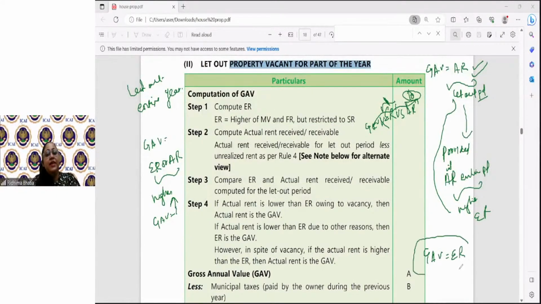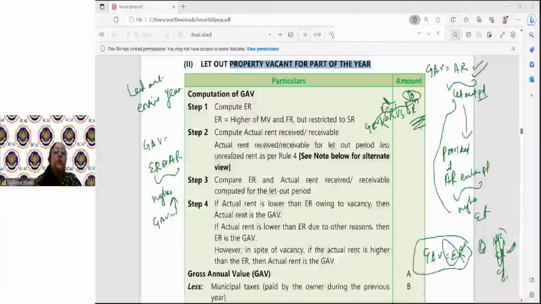Even if I take the actual rent for the entire period, expected rent is higher, so GAV would have been expected rent. So it's not just because of vacancy, expected rent higher आ रहा है, वो genuinely भी expected rent ही higher था. But इस scenario में just because of vacancy, expected rent higher आ रहा है.